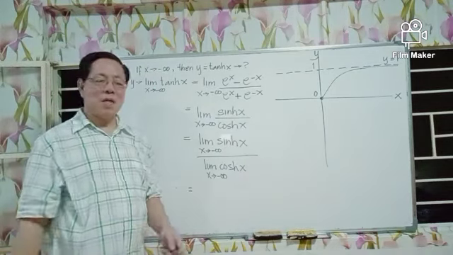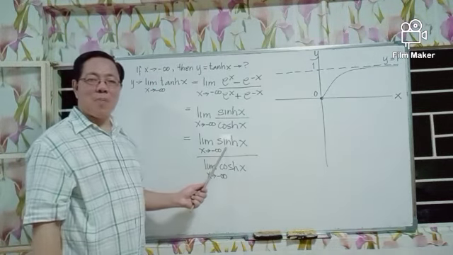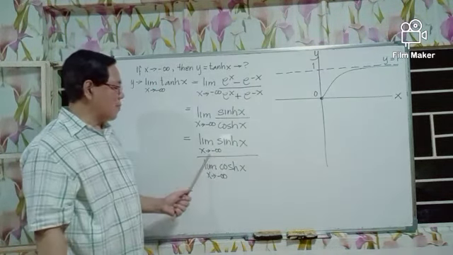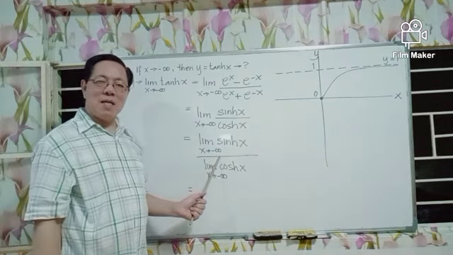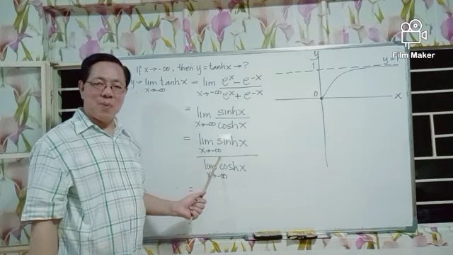As we have shown earlier, the limit of the hyperbolic sine of x as x approaches negative infinity is negative infinity.